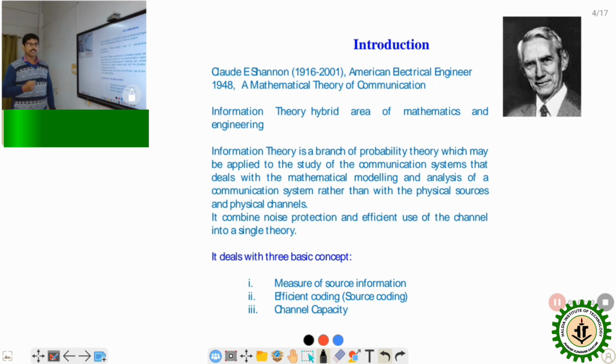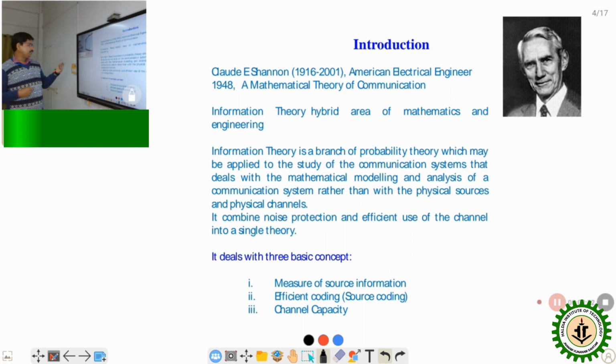As for efficient use, a lot of messages are generated, but not all of them contain actual information. So we use source coding techniques so that we can use effective codes from the source to the actual channel.